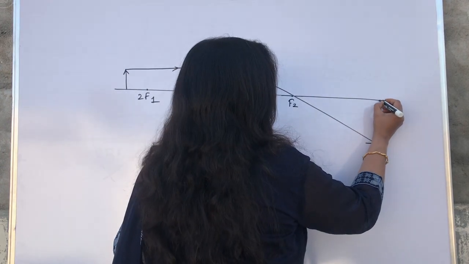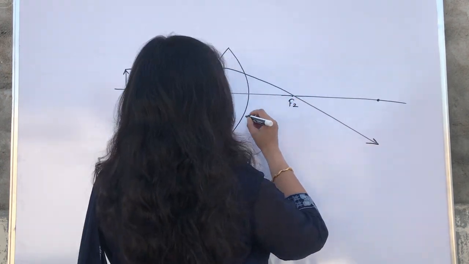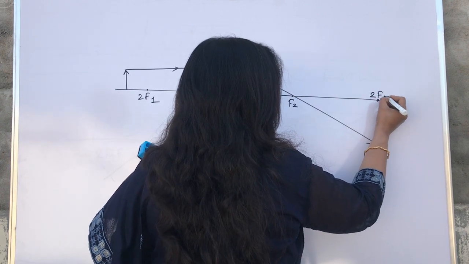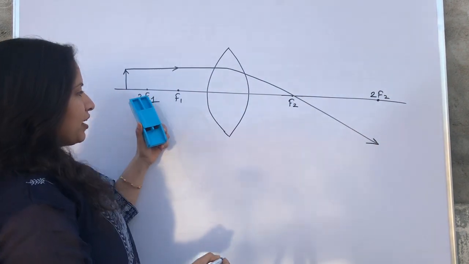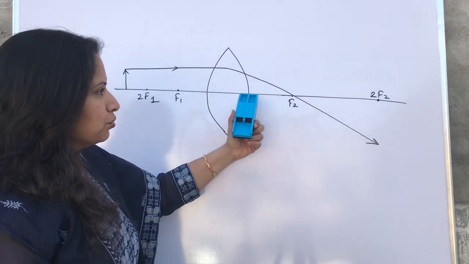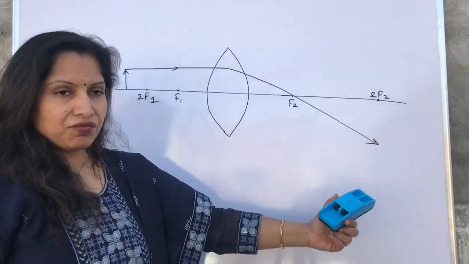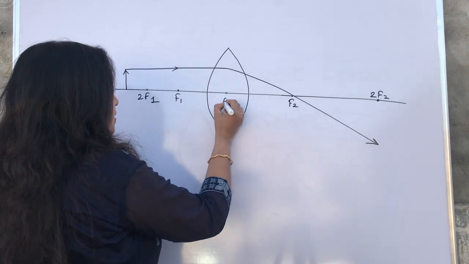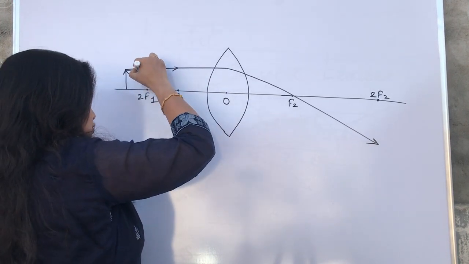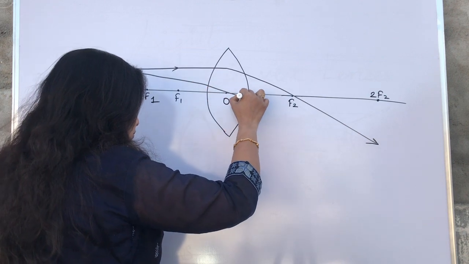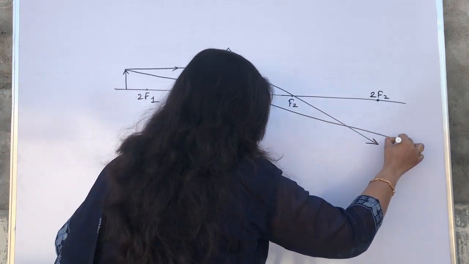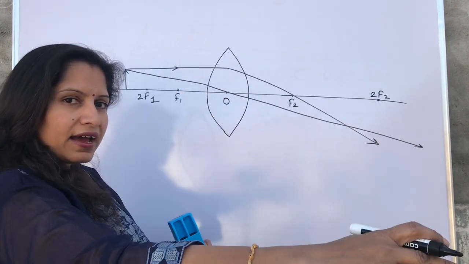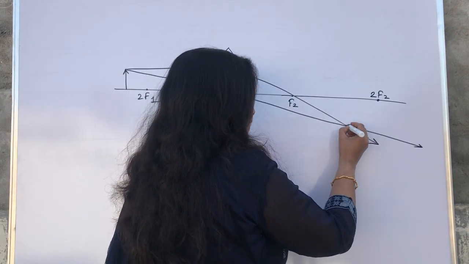So just as a rule, we place the object towards the left side only, whether it's a mirror or a lens. One of the light rays passing parallel to the principal axis, after refraction, will pass through F2. Another ray of light that is passing through the optical center will go straight, undeviated, and it will just pass through without any deviation. No one can bend this light ray.